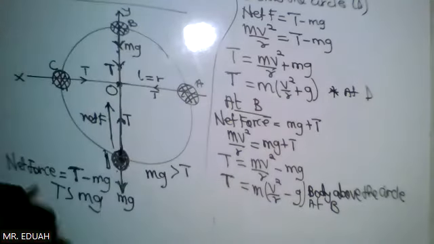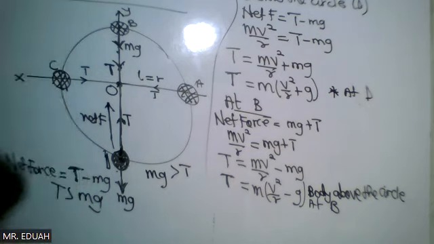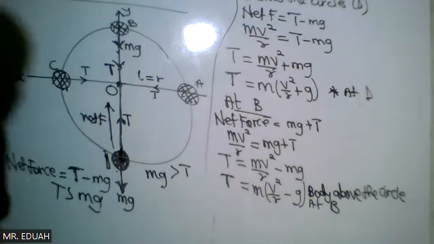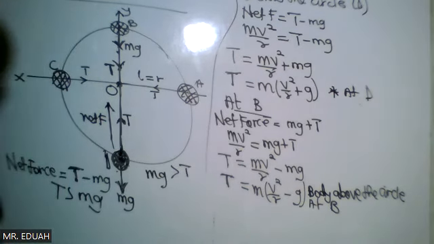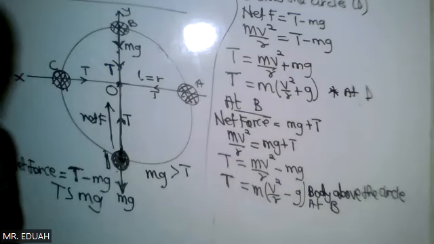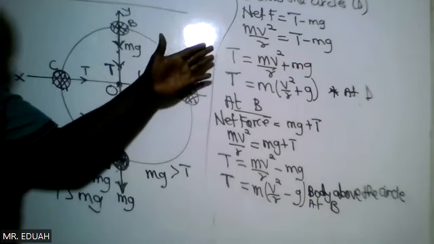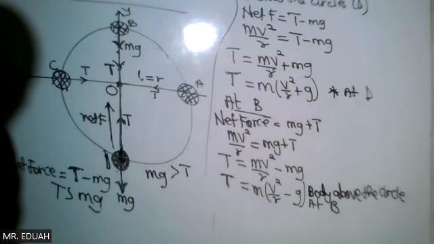Which one is greater? Which one is smaller? Where do we have maximum tension in the string? Where do we have minimum tension within the string?